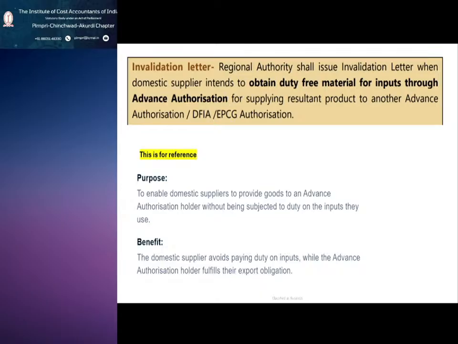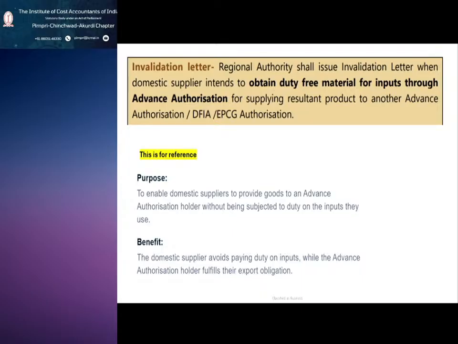The regional authority issues the invalidation letter when a domestic supplier intends to obtain duty-free material for inputs through advance authorization for supplying the resultant product to another advance authorization. So for example, I am the owner of this advance authorization license.